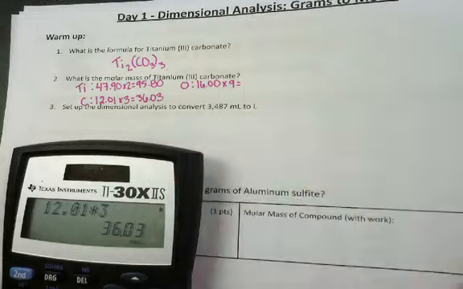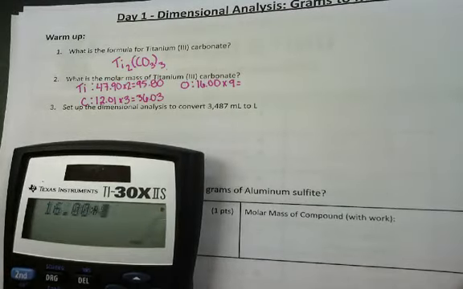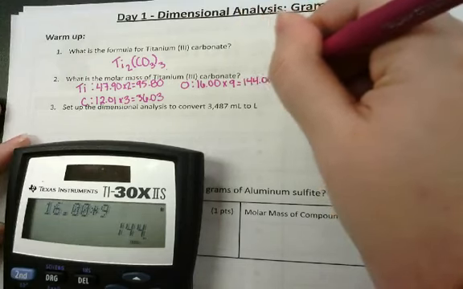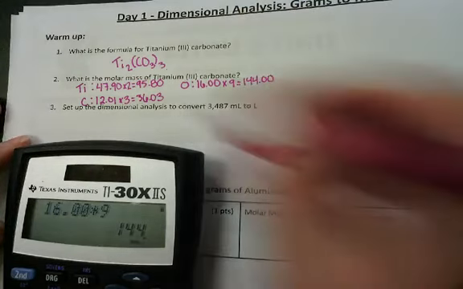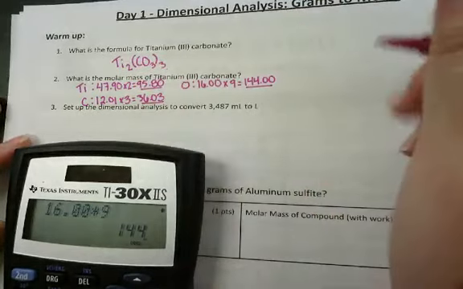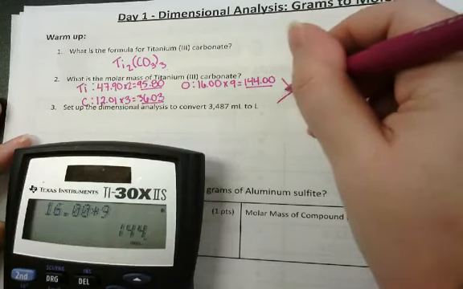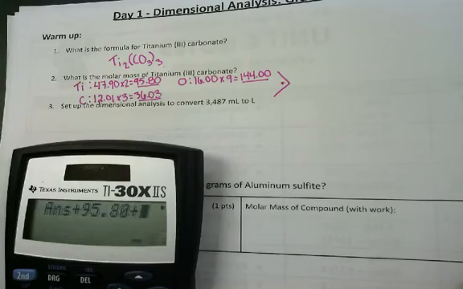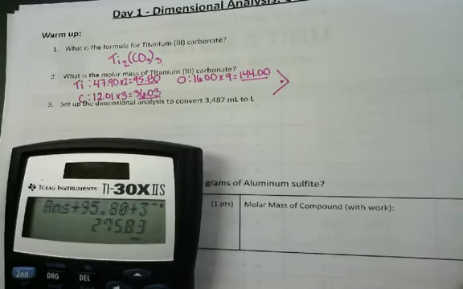And then oxygen, we have 16.00 times 9, and that gives us 144. And then we're just going to take all of those numbers and add them together. So whenever we add them, we get 144 plus 95.80 plus 36.03.